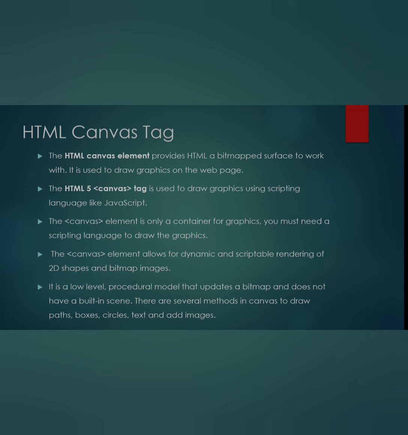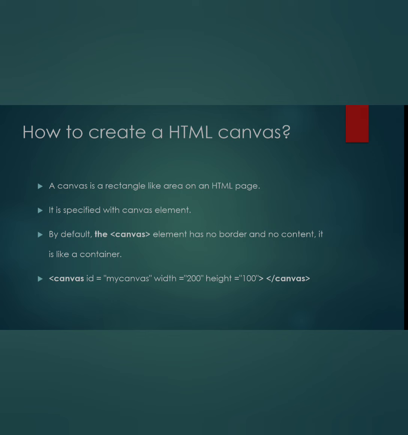The canvas element allows for the dynamic and scriptable rendering of 2D shapes and bitmap images. It is a low-level procedural model that updates a bitmap and does not have a built-in scene graph. There are several methods in canvas to draw paths, boxes, circles, text and add images.